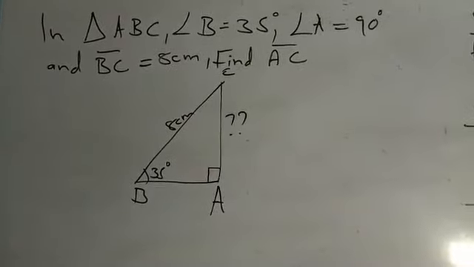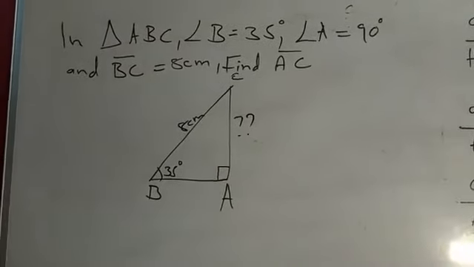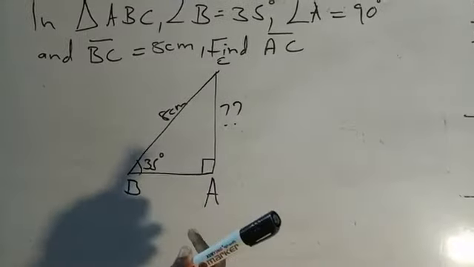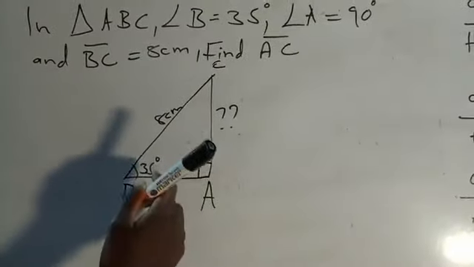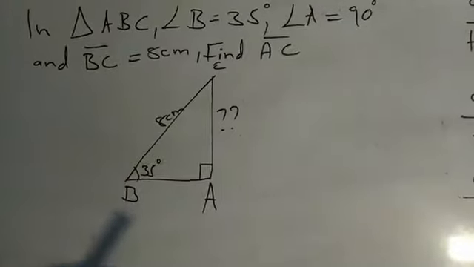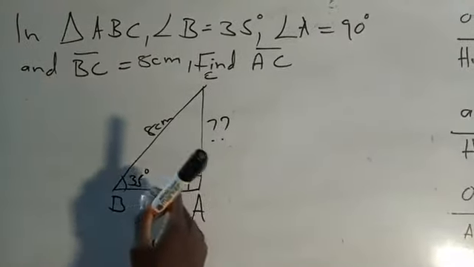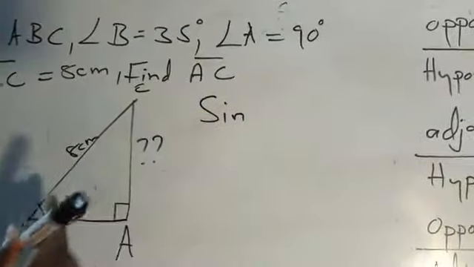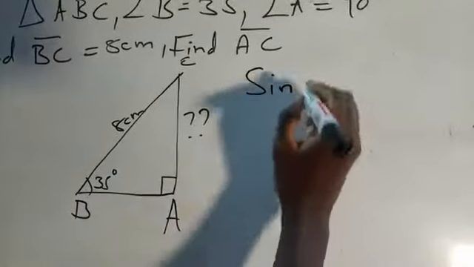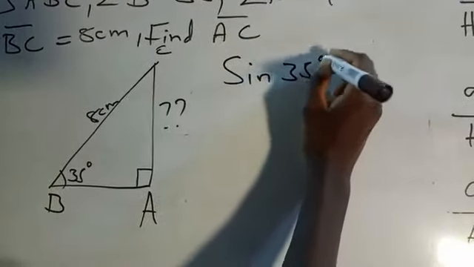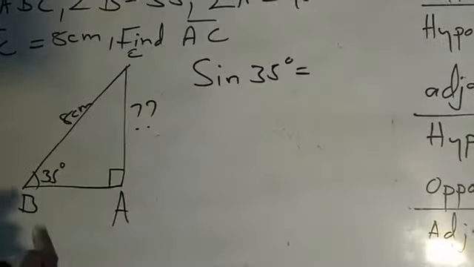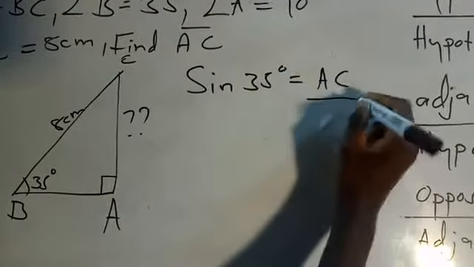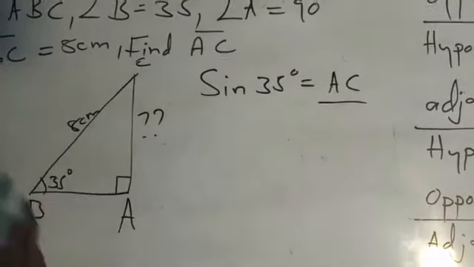So if we try to find out which ratio can fit there, we are saying that a sine ratio can fit there, becoming sine of theta, which is 35, sine 35, equal to opposite, which is AC, over the hypotenuse, which is 8.